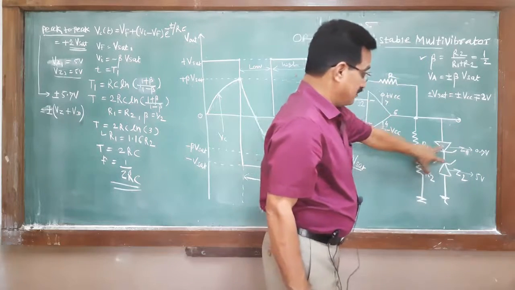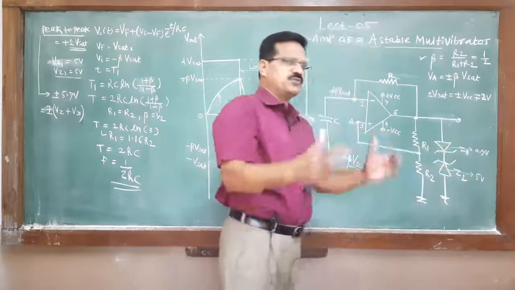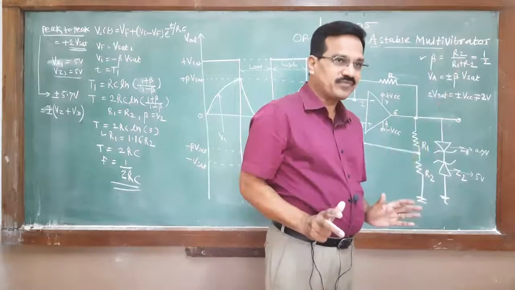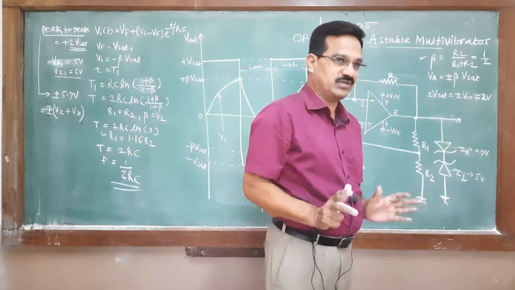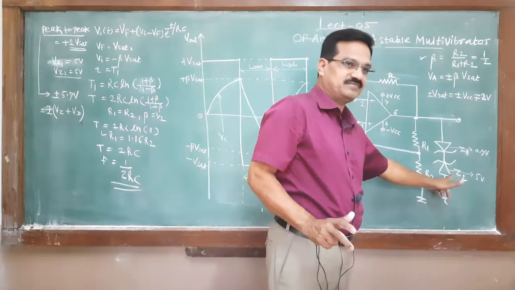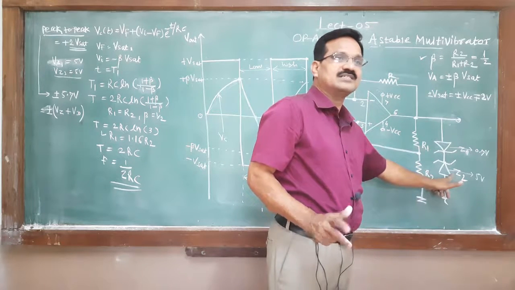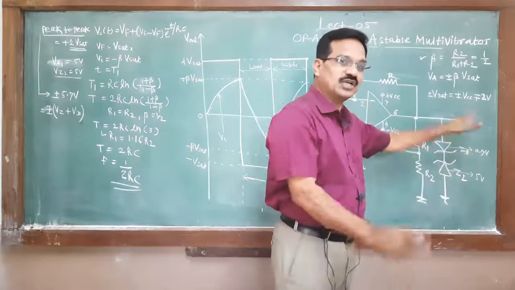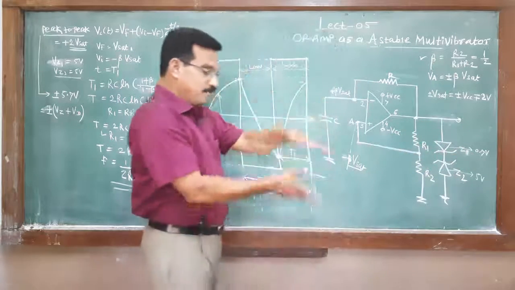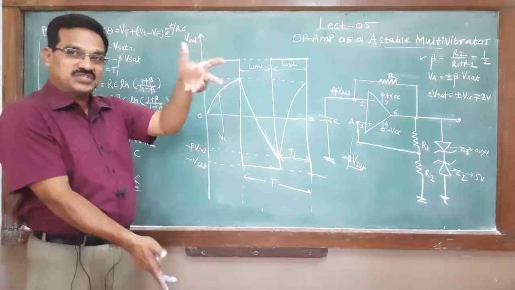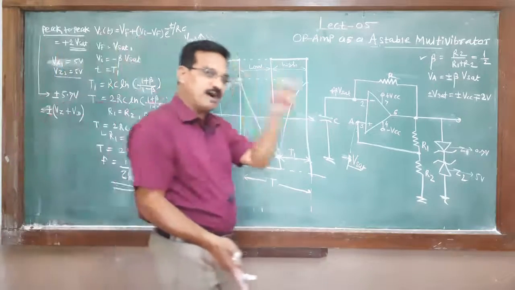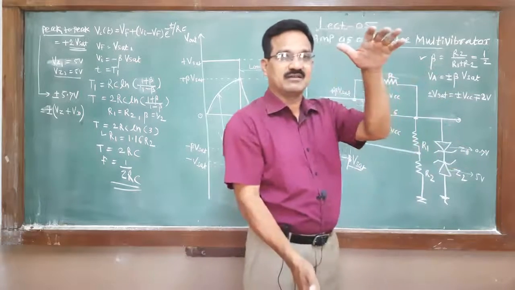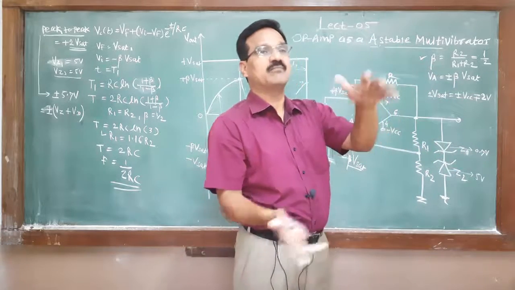If for an application the required output voltage is say plus minus 10 volt, at that time use a 9.3 volt Zener here and this is 0.7, means total 10 volt. Means the amplitude of the square wave can be changed by using the power supply. The second alternative method is by connecting Zener diodes back to back.